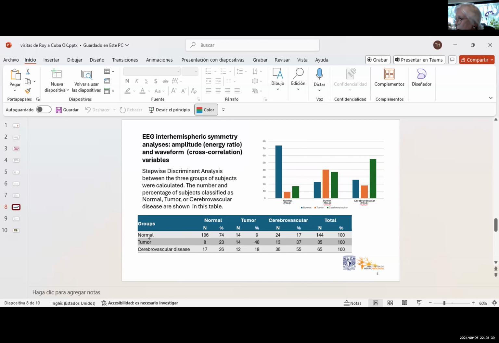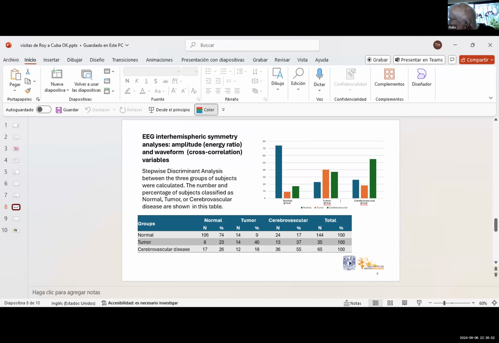In the group of tumors, in which we have 35 patients, we observe that 23% have been classified as normal, 40% as tumor, and 37% as cerebrovascular lesions.